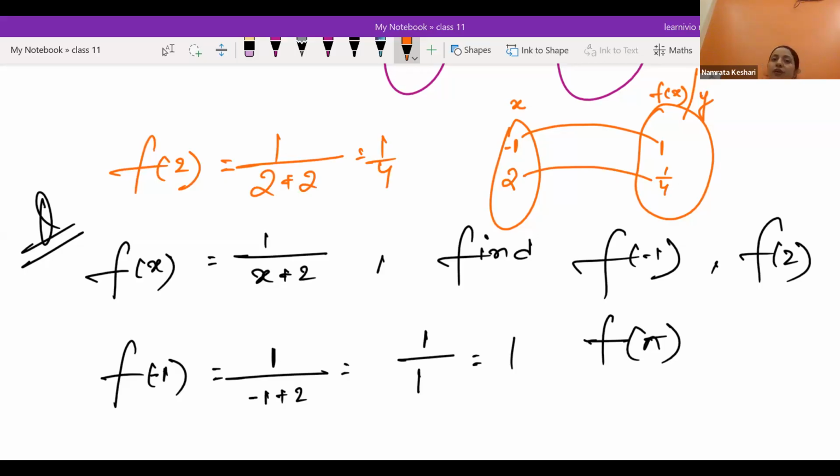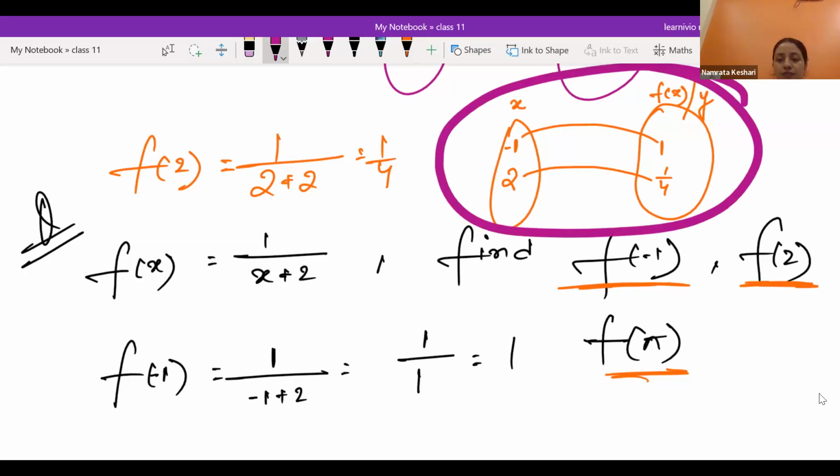Because again it is infinite, it can be taken from the set of real numbers, and we just have a few. We just have to find f of minus 1, f of 2, and f of pi, just like the polynomial. We don't have to go into detail over here. This understanding is required. Any confusion so far? No, ma'am.